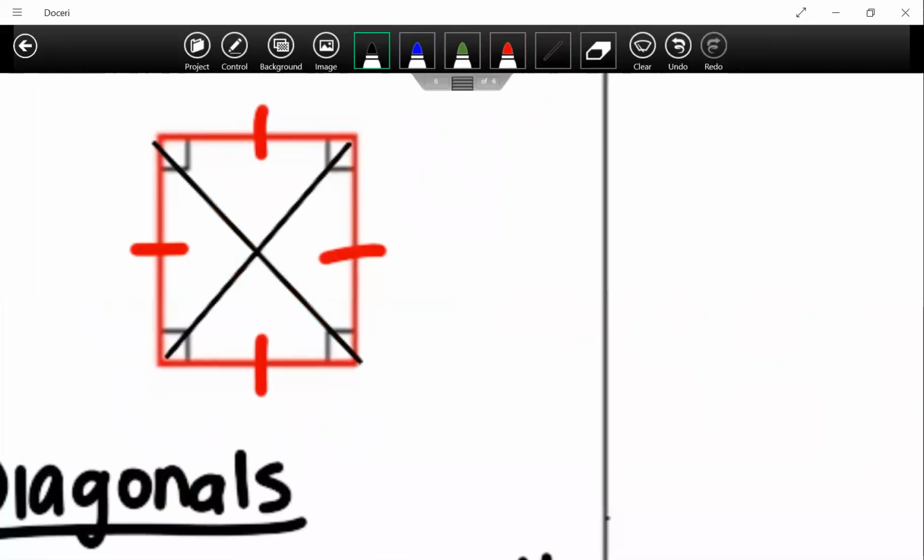So we're going to represent that in my green part. Because all parts are congruent, I'm going to mark them as 1, 2, 1, 2, 1, 2, 1, 2. And we also know that they form a 90-degree angle.